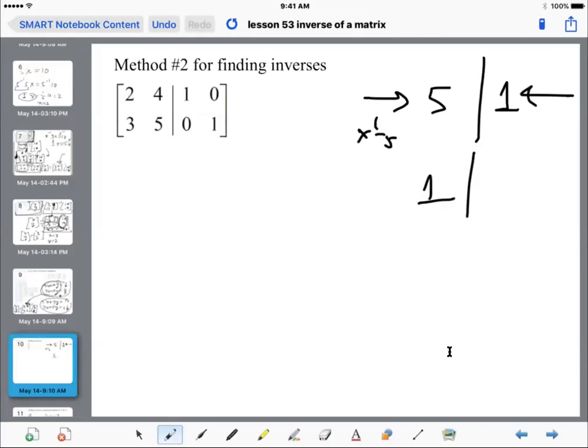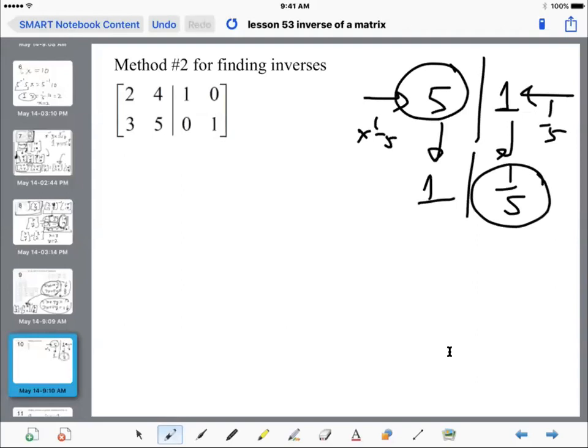Well, the thing that turns a number into the identity will turn the identity, if I do the same thing to that number, into the inverse. So this is the original number, and this is the inverse. Because if I undo it, this would turn into 5 and this would turn into 1. So it's related to that.